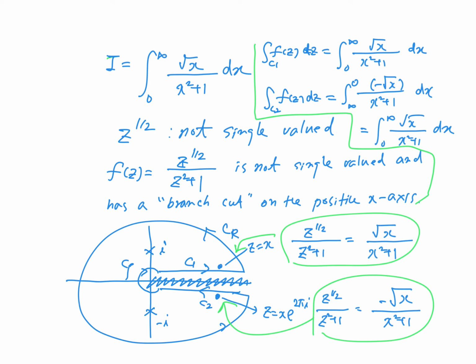Are you still following me? A bit complicated, but the idea is just adding zero business, right? Known that this C1 and C2 turn out to be the same.